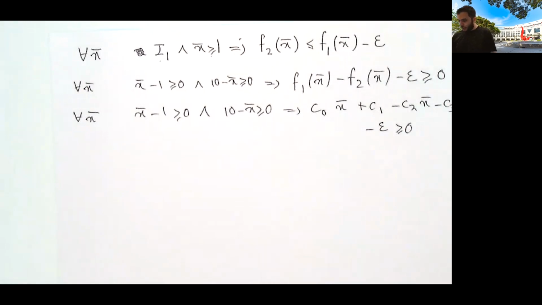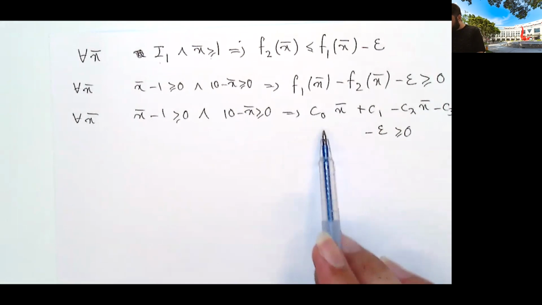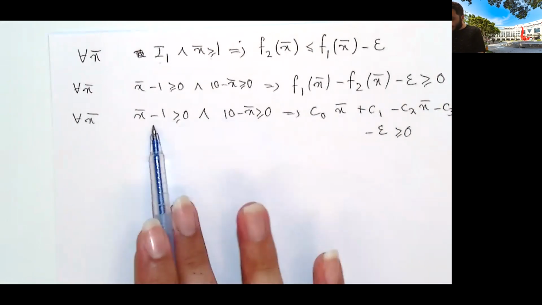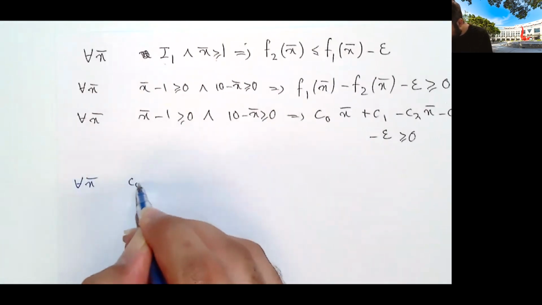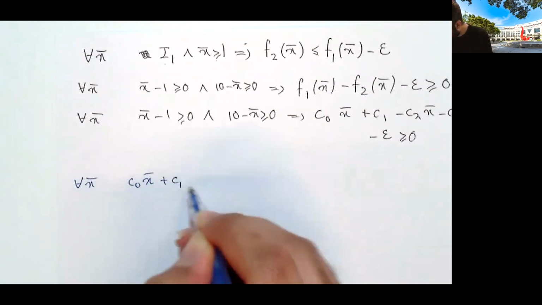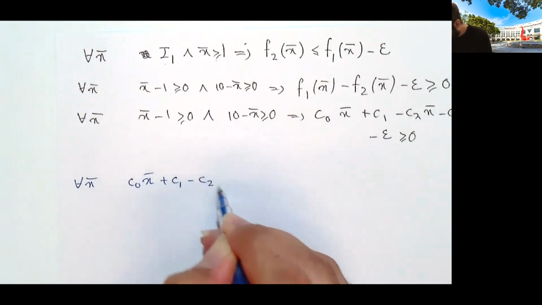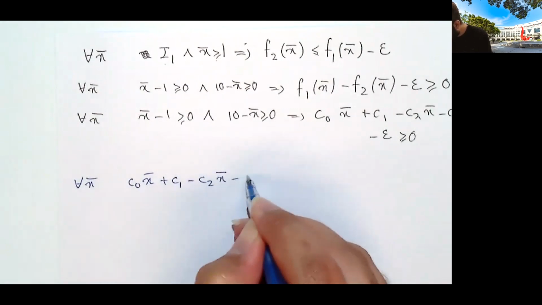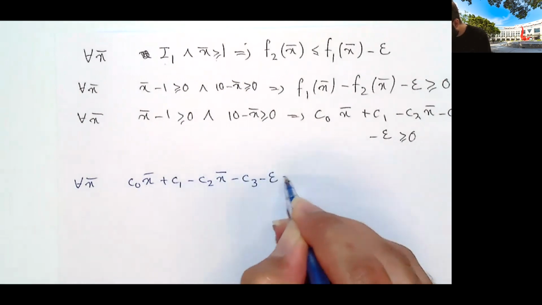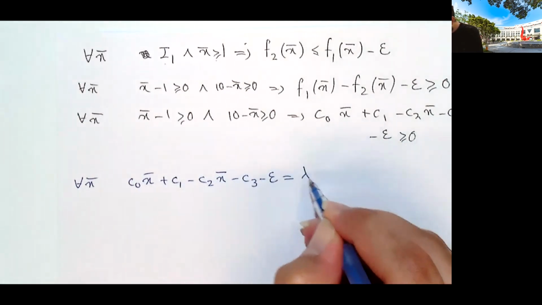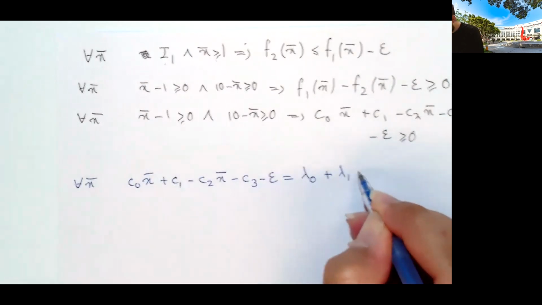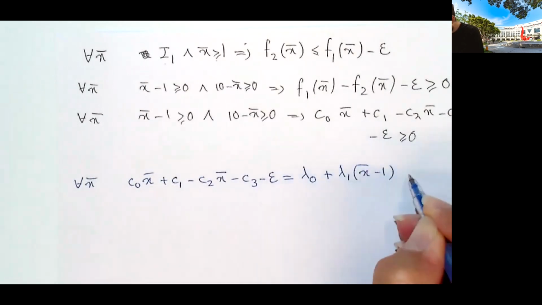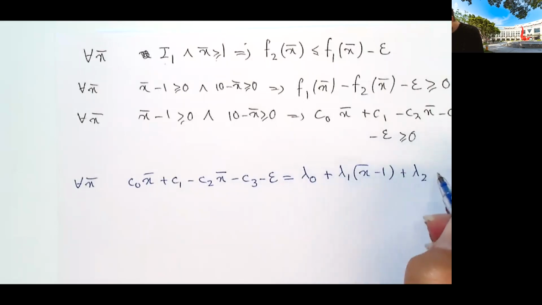Now, again, we apply Farkas lemma, so we have to write the right-hand side as a combination of the left-hand side. So we have to say that C0 x bar plus C1 minus C2 x bar minus C3 minus epsilon is equal to some constant plus some constant times x bar minus 1 plus some other constant times 10 minus x bar.